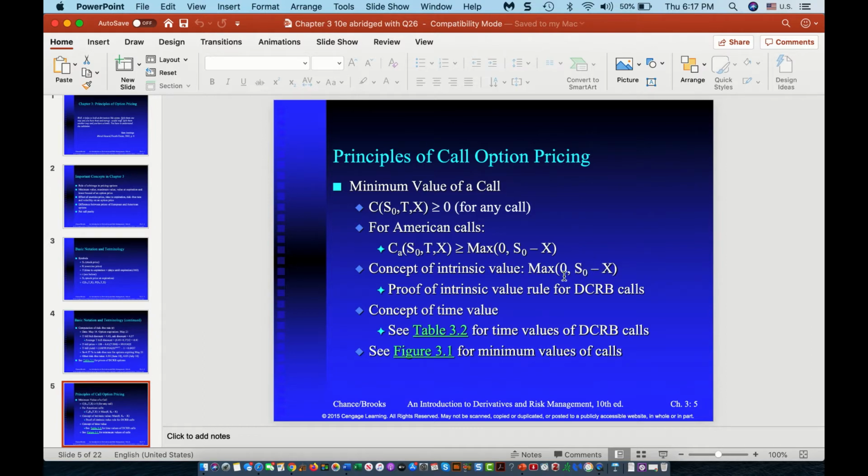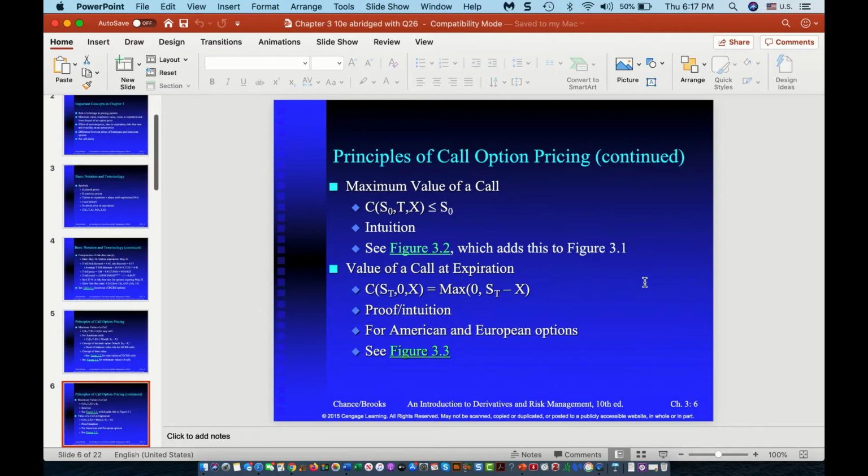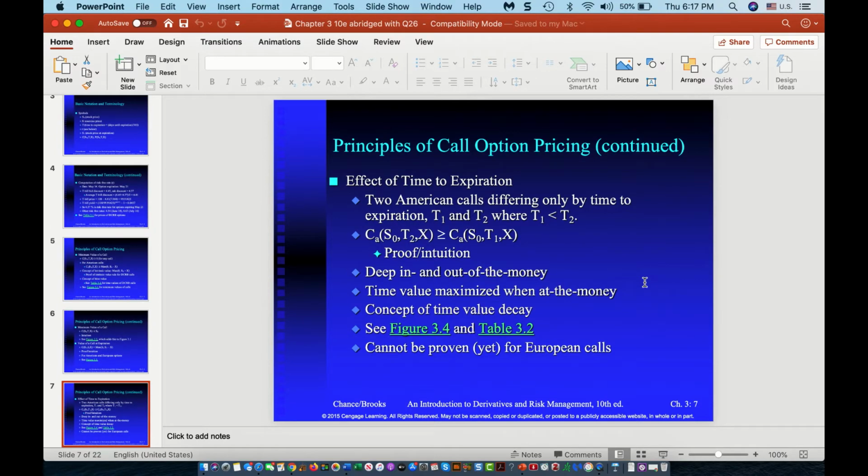And then the maximum value and minimum value of the call is obviously on the formula value. So at the beginning it is 0, which is the horizontal axis, and then it is a 45-degree line as a function of S minus X. And then the concept of time value will be clear in a graph. I'll show you that. And then effect of time to expiration, as you can see, higher time to expiration means more call value. So T2 is greater than T1, and therefore the call value based on T2 will be higher than T1.